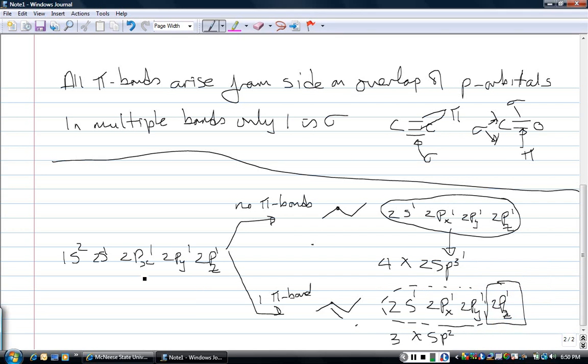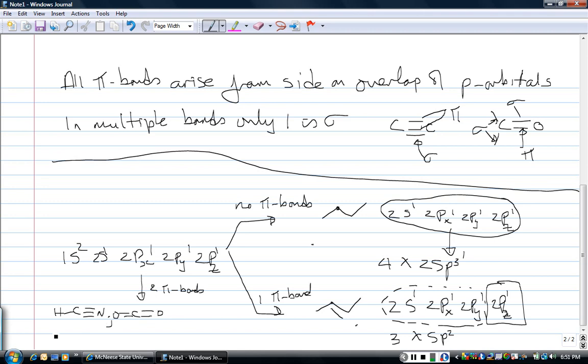Well, what if the carbon is going to form 2 pi bonds? In other words, if we're looking at a compound of the type, say, C triple bond N, like an HCN, or maybe we're looking at, say, the carbon in carbon dioxide. In both of those compounds, the carbon is forming 2 pi bonds, 1, 2, or 1, 2.